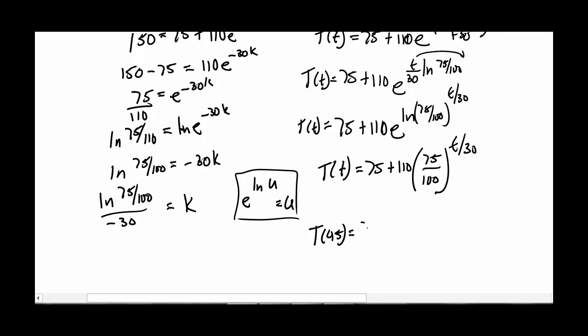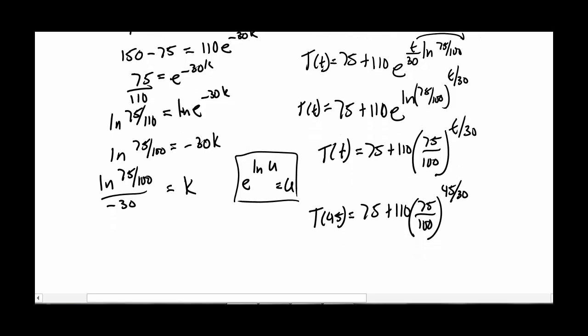Okay. All right, so the temperature at 45 is 75 plus 110 times 75 over 100, raised to 45 over 30. Okay, so at that point I just need to go to a calculator, and 45 over 30 is just 1.5. And I just realized my 110s look a lot like hundreds.